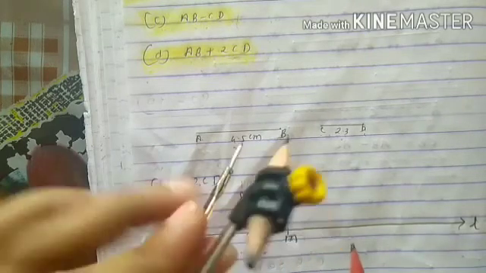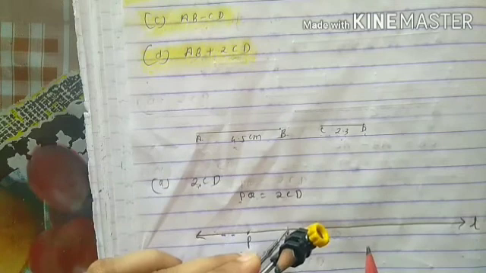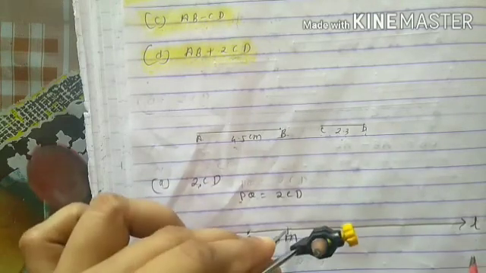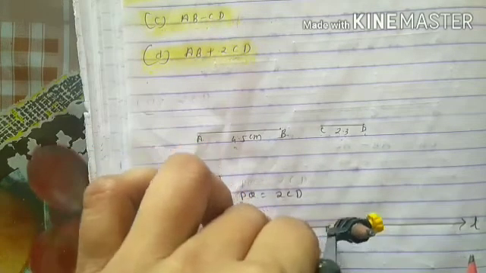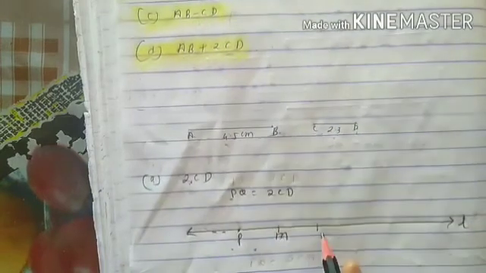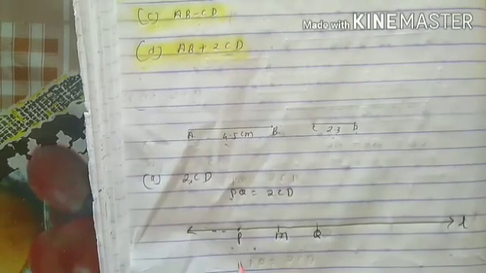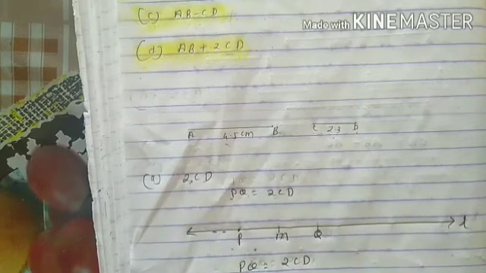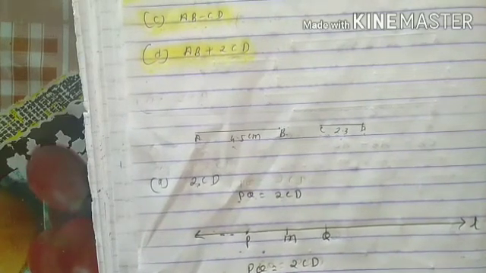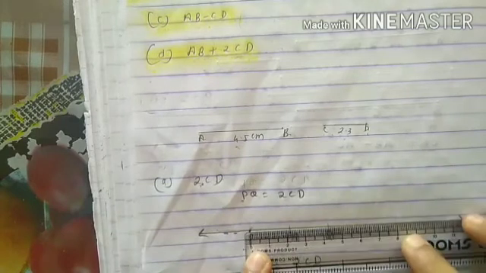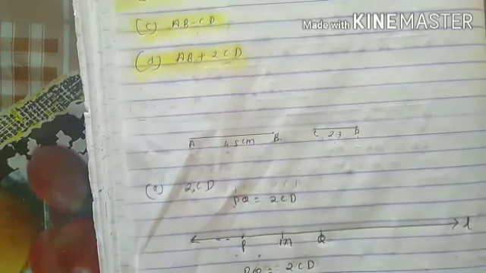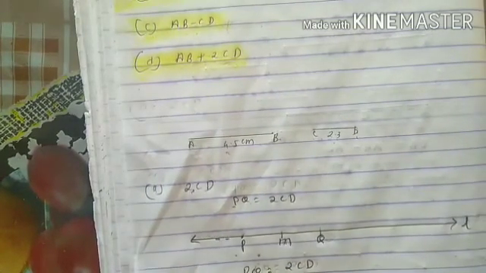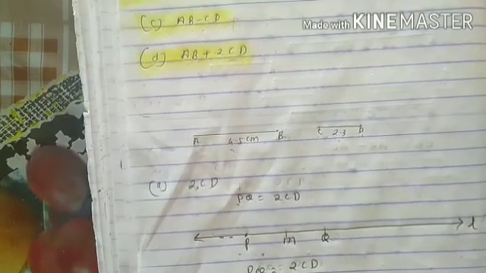So now again keep this metal arm at M and draw another arc which cuts line L at point Q. So what is the measurement of this PQ, 2CD? Measure this. So what will you get? 4.6 centimeter.